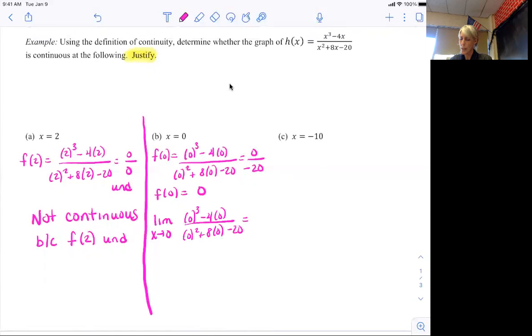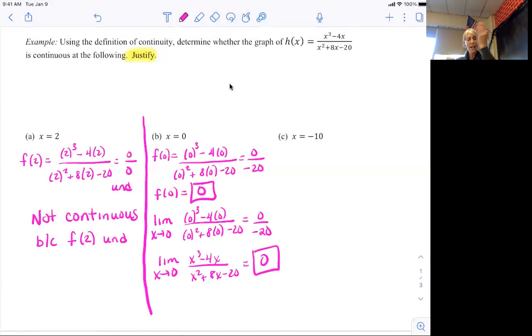Well, once again, when I go to evaluate my limit, the limit as x approaches 0 is 0. When I plug in a number, I get an answer.